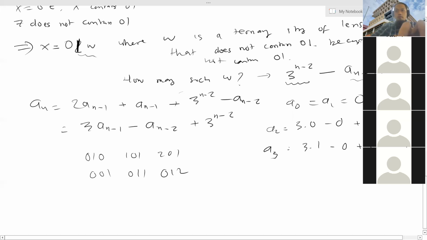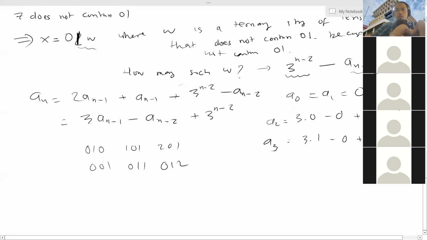So what about the next question? Now let's have a look at generating functions.